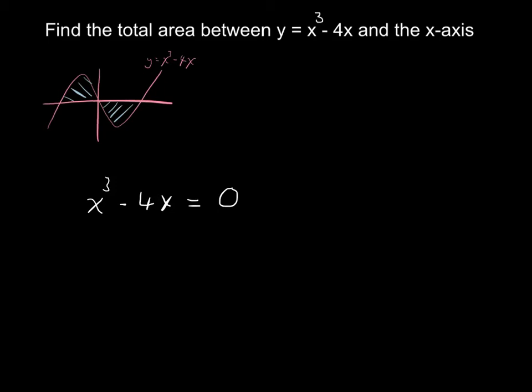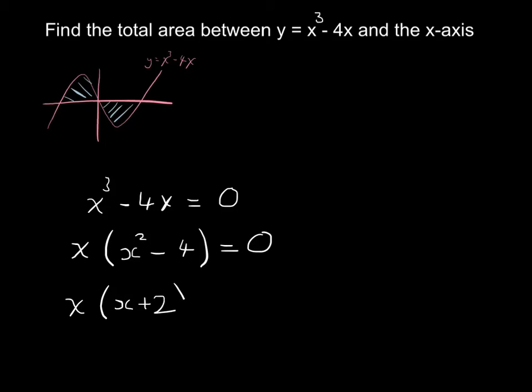So looking at this, we can factorize an x straight away, and we get x squared minus 4 in the brackets, and this quadratic expression we'll factorize again, so that we get x times (x plus 2) times (x minus 2) equals 0.